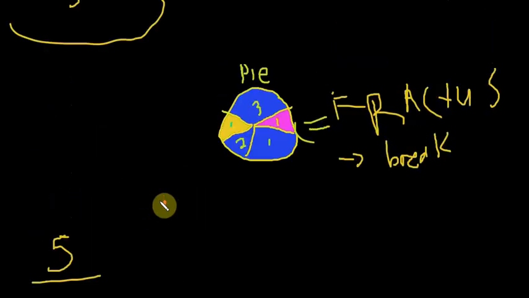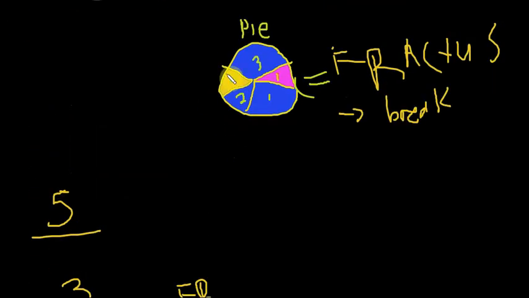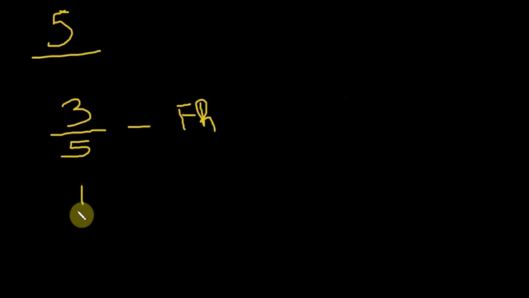And then you can also break it into yellow. So 1 over 5 of the whole thing, that is a fraction.